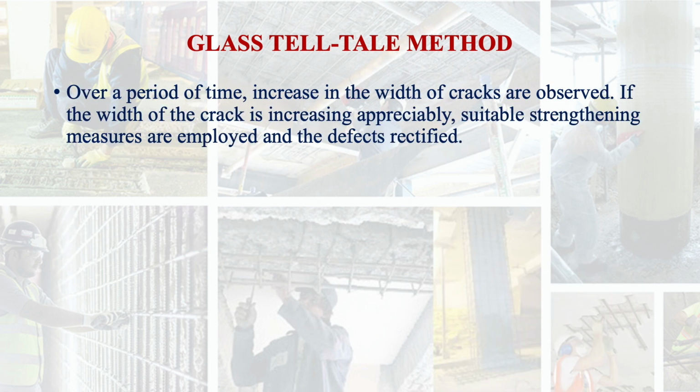Over a period of time, increase in the width of cracks is observed. If the width of the crack is increasing appreciably, suitable strengthening measures are employed and the defects rectified. Glass telltale neither shows the direction of the movement nor the magnitude of the movement. That is why it is not a very popular method now.